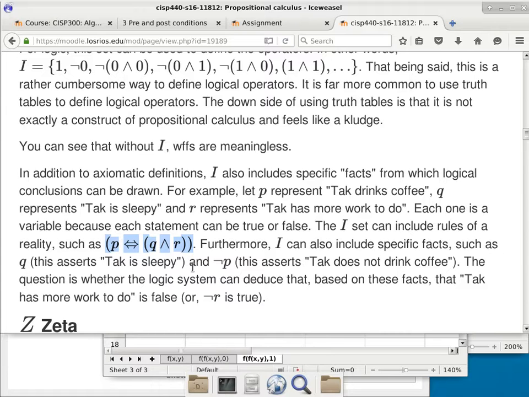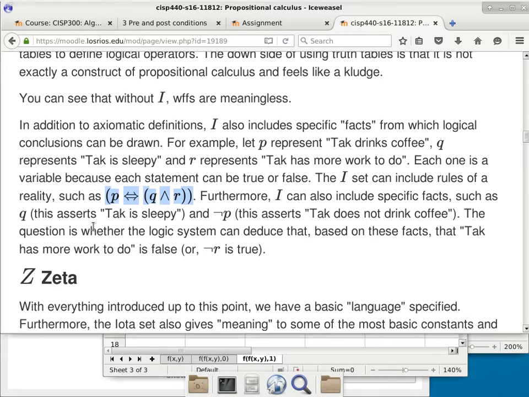Okay, so are we still doing okay so far? Here comes the next question. If I include specific facts, in other words, if I also put Q into iota and I put not P into iota, this time I am asserting that Tag is sleepy, but I'm also asserting that Tag is not drinking coffee.